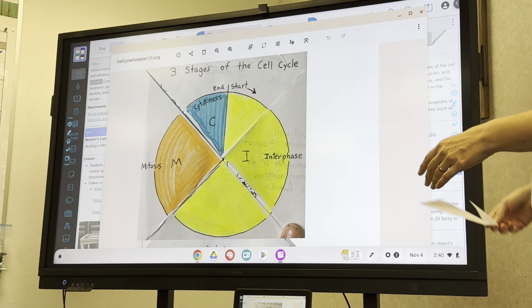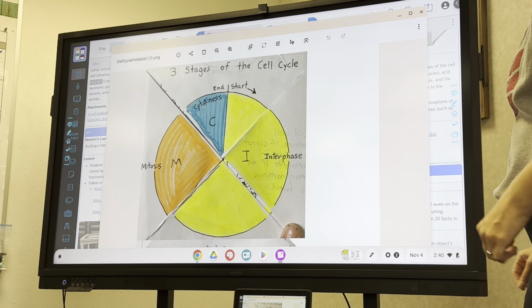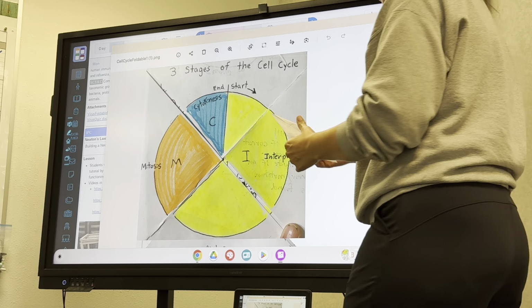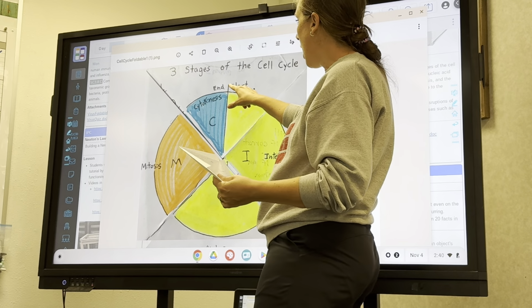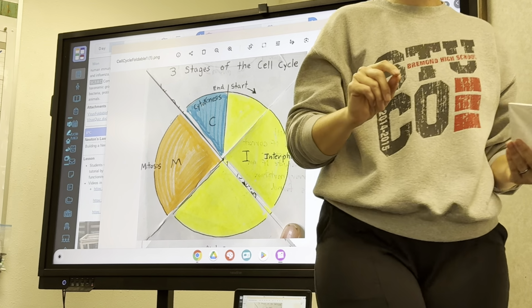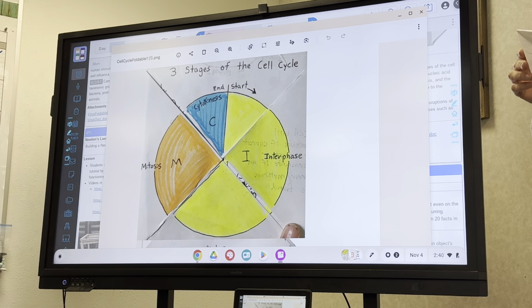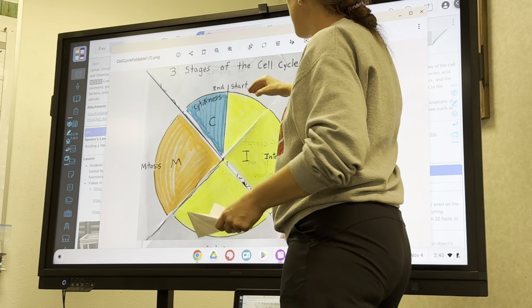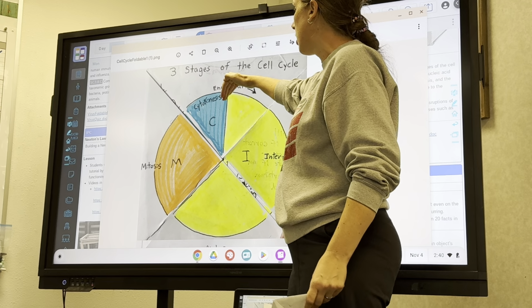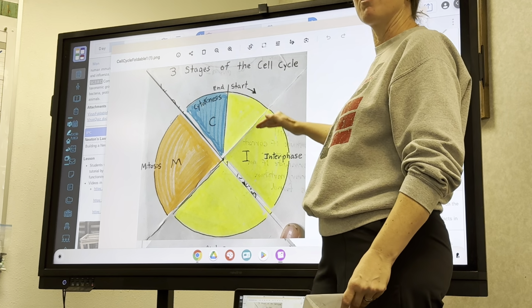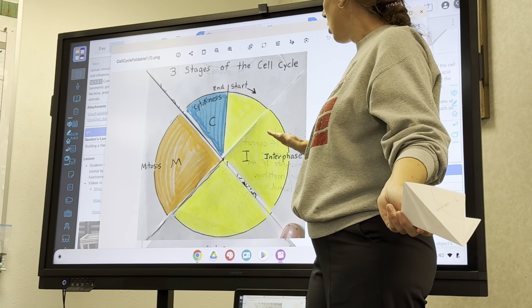That's okay. Okay, y'all, so this is the deal. With probably your yellow light highlighter, I do want you to highlight this whole yellow area. Y'all, this is our interphase. When we open it up, we'll see what else is in interphase. But remember, this interphase is so long because we have to grow, give room for everything, replicate, grow, exactly.